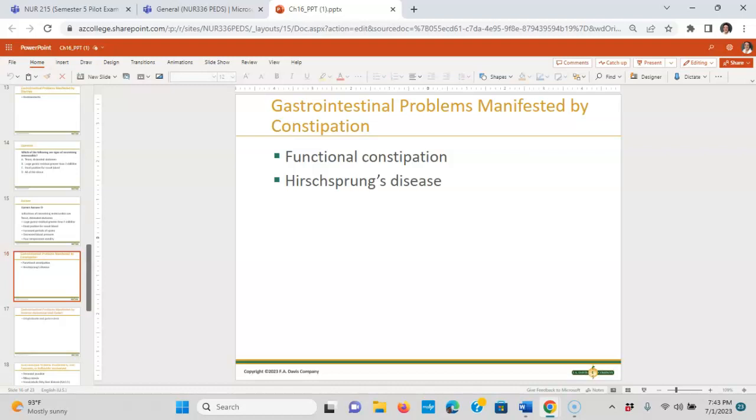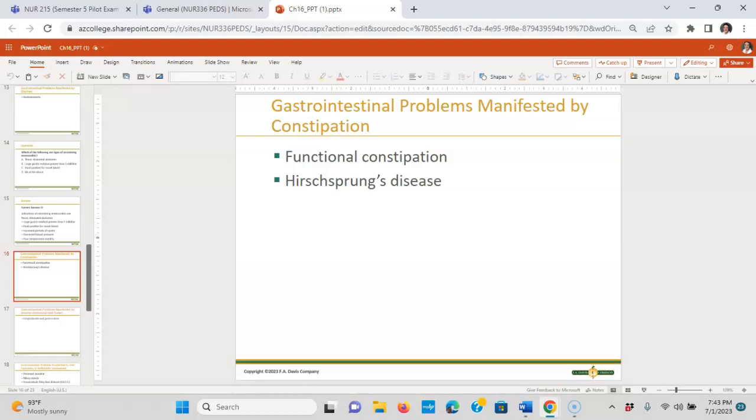So functional constipation is infrequent stools, hard, small, pebble-like. They complain about pain when stooling. They're leaking stool between bowel movements. Holding, hiding, squeezing buttocks together.